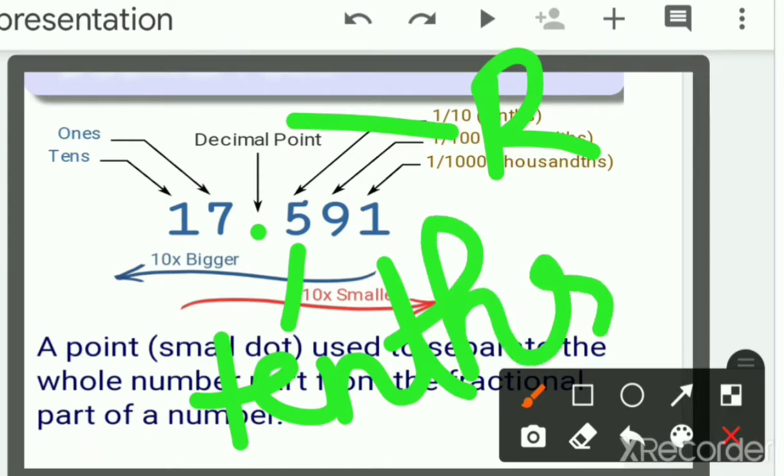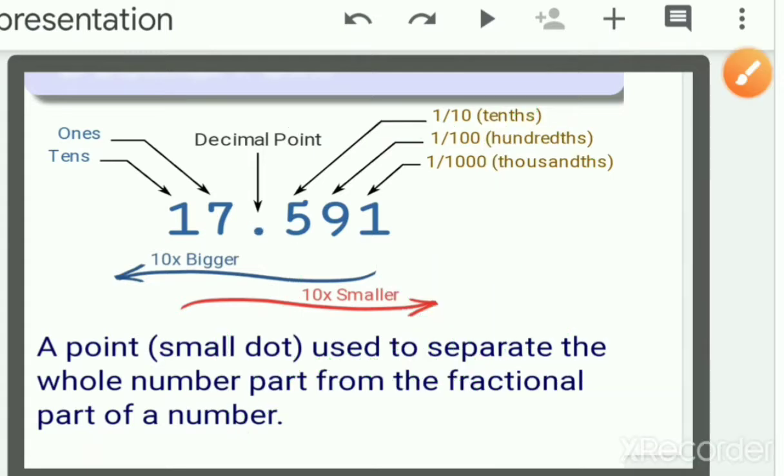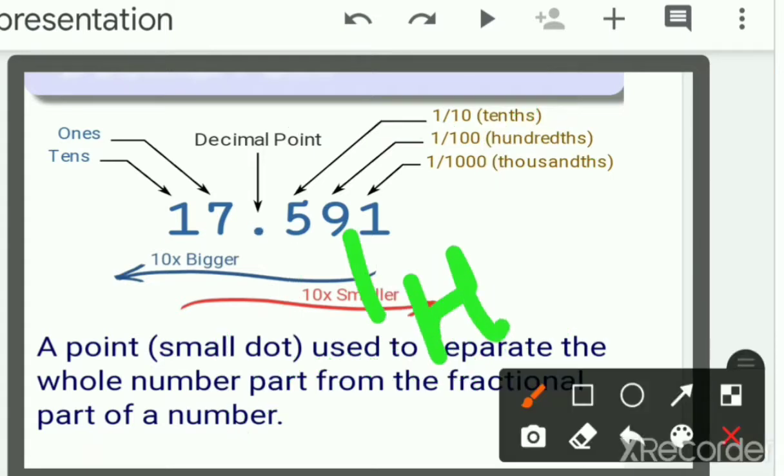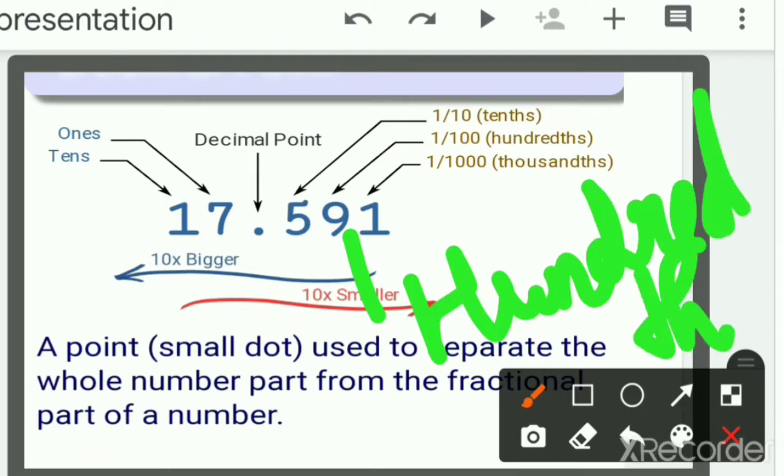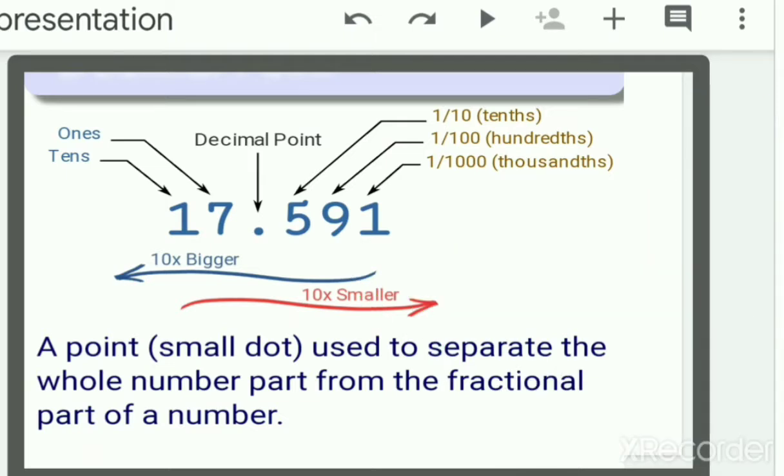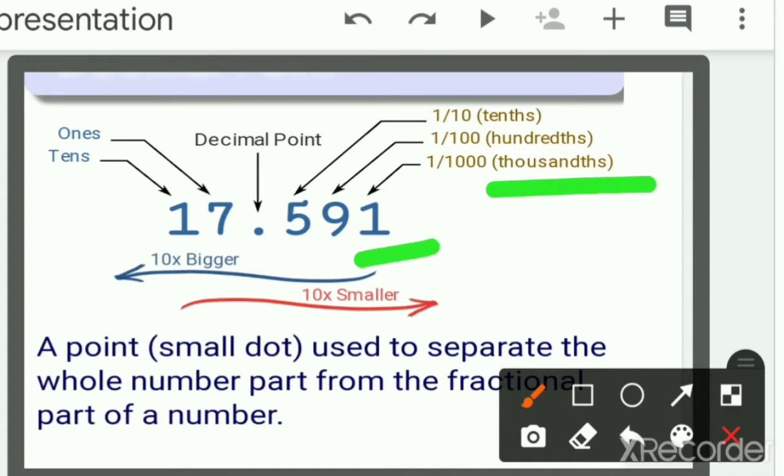It means 5 is getting divided by 10. 9 will be hundredths, and 1 will be having thousandths place. It means 1 is getting divided by 1000.